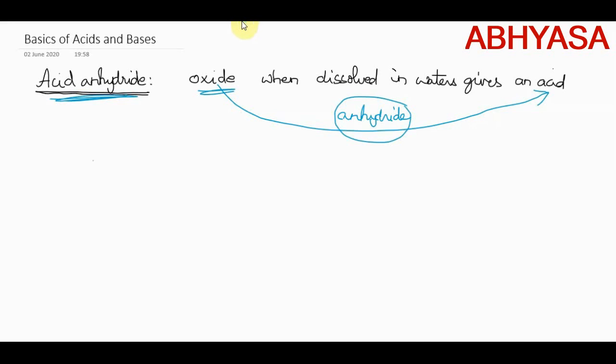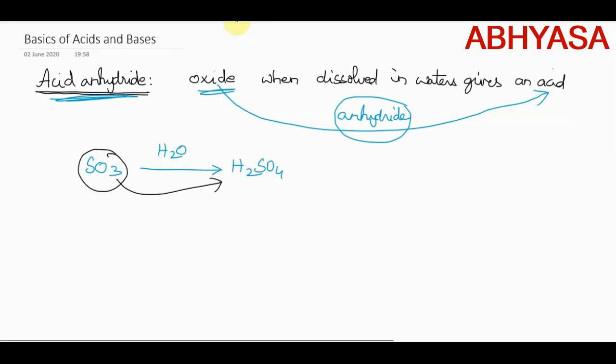If I take SO3, which is sulfur trioxide, this sulfur trioxide, when dissolved in water, we get sulfuric acid. So, this SO3 is called as the anhydride of sulfuric acid. Clear? Let us take another example.